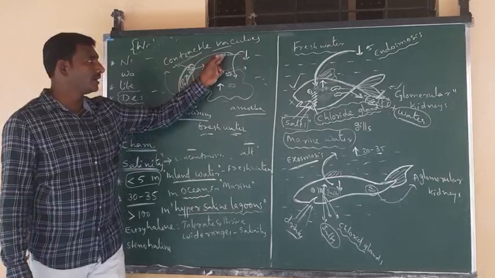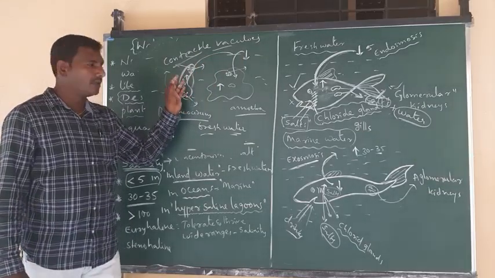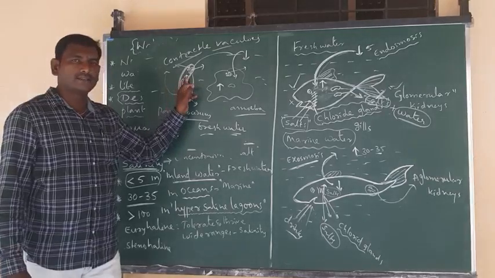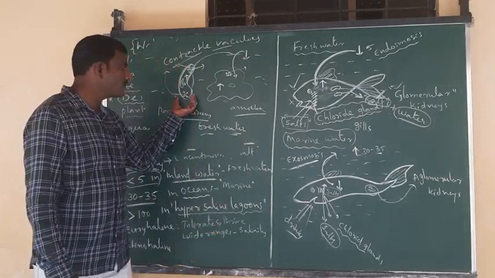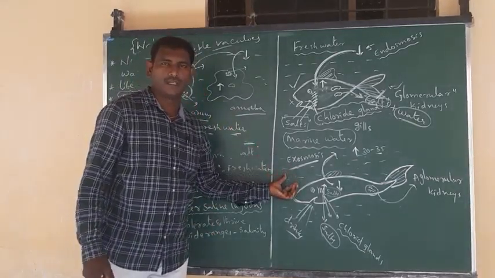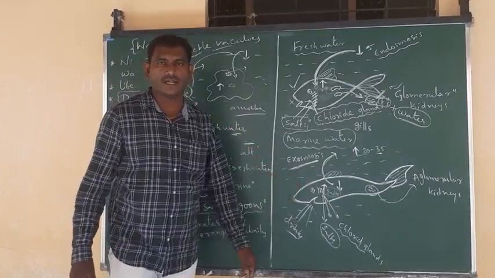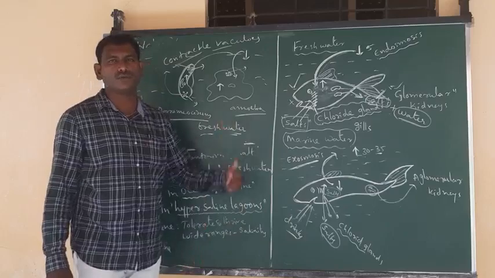Because of this, water enters into the body by endosmosis, and this excess water is eliminated by contractile vacuoles. Now such a paramecium we are keeping in marine water. Then what about the function of contractile vacuoles? I want the answer tomorrow.